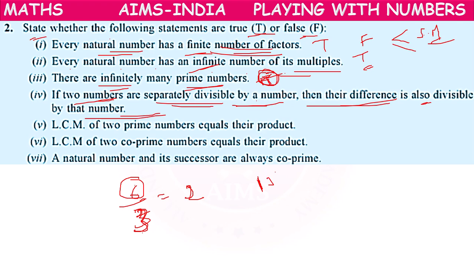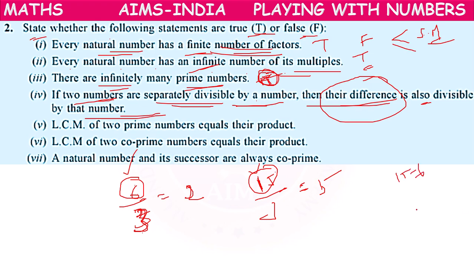In the same way, 15 is divisible by 3, 3 times 5 is 15. Now, their difference. One number is 6, another number is 15. What is the difference? 15 minus 6 is 9. This 9 is also divisible by 3, 3 times 3 is 9. True.